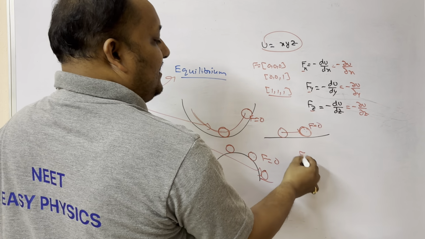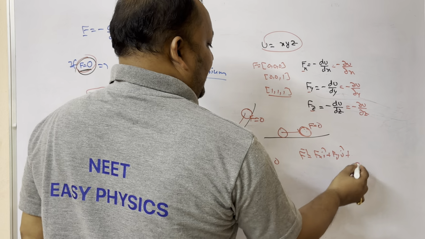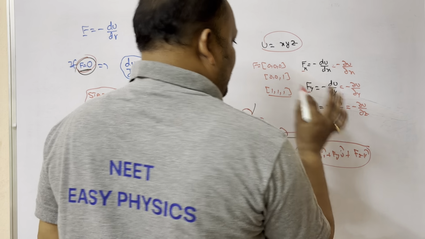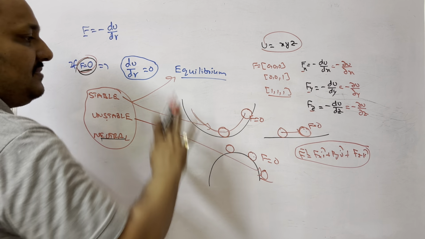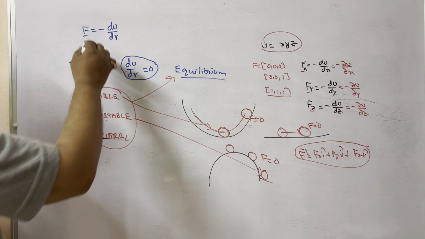After calculating all these, F bar is equal to Fx i cap plus Fy j cap plus Fz k cap. We will substitute the values after partial differentiation. All these problems we will do in one video, but this is the concept.